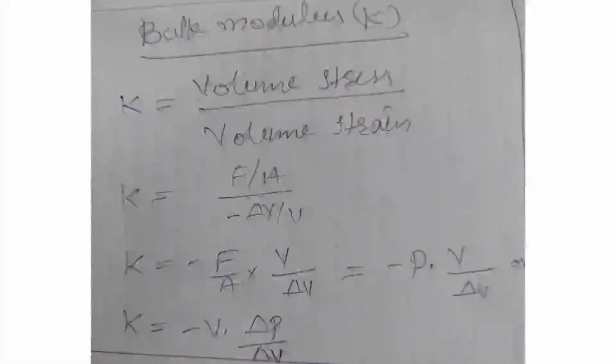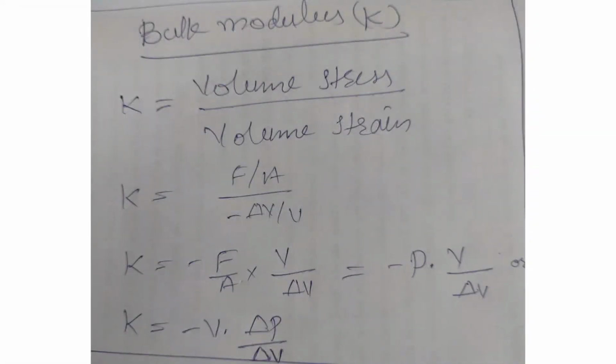So, bulk modulus K is equal to F by A divided by minus delta V by V. Here we are using minus because the minus sign represents that the final volume decreases. That's why we are using the negative sign.